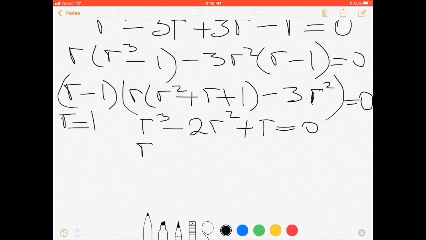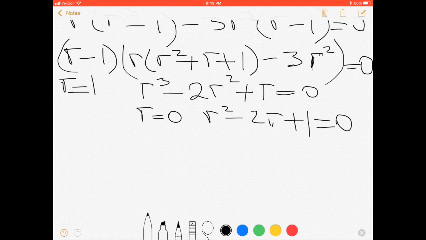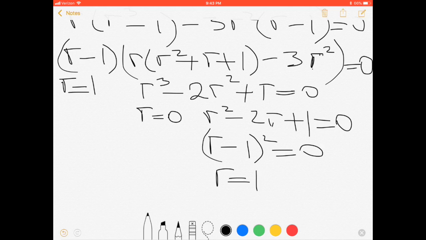Maybe I need to take r out, r equals 0. And here I have r squared minus 2r plus 1 equals 0. Here will be (r minus 1) squared equals 0. This means r equals 1 twice.